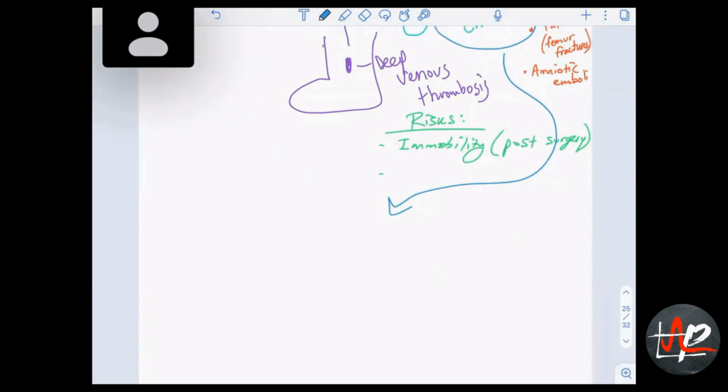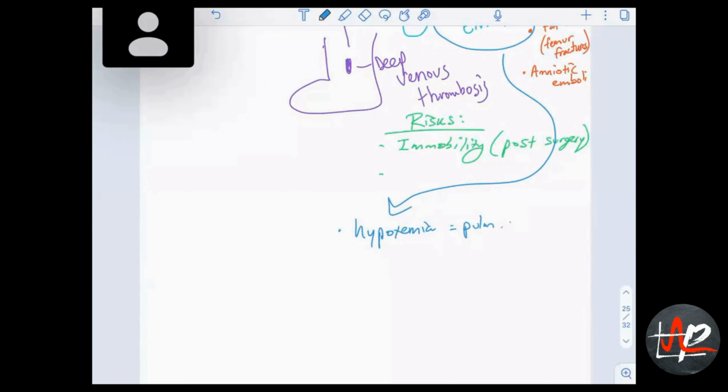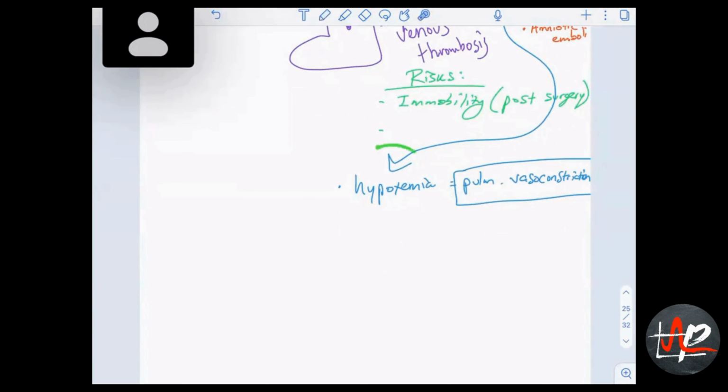And so what happens is you end up getting hypoxemia because you're blocking off the blood flow to the lungs. And then that's going to result in pulmonary vasoconstriction. And this is hyper important for step 1. This is something that I remember missing on a practice question once: what happens systemically when you have hypoxemia or hypoxia?